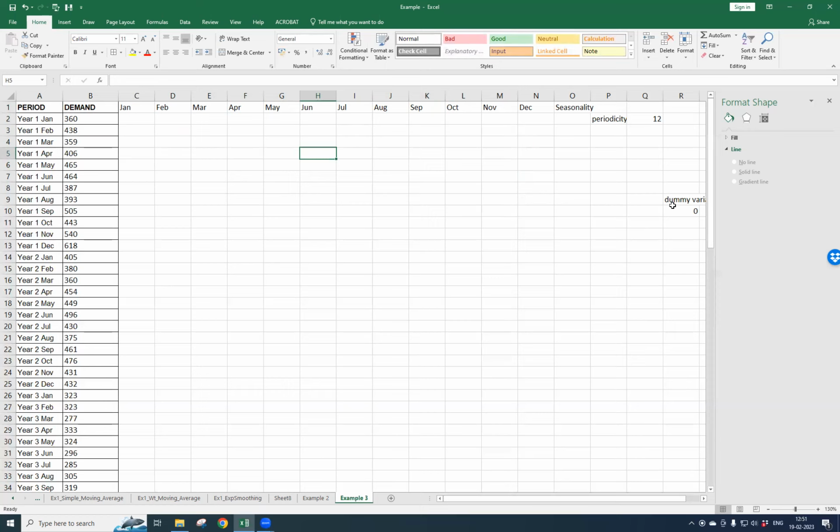Now, how am I going to use this concept of dummy variables over here? The way I'm going to represent that is, in this particular column, only if this particular row corresponds to the month of January, I will put this value as 1. If not, I will keep this as 0.